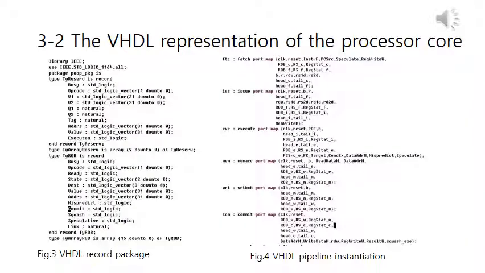Figure 3 is the declaration of the record data structure of VHDL used in the design as a package statement. The single record types of the reservation stations and the reorder buffers are defined as TY_reserve and TY_ROB respectively.